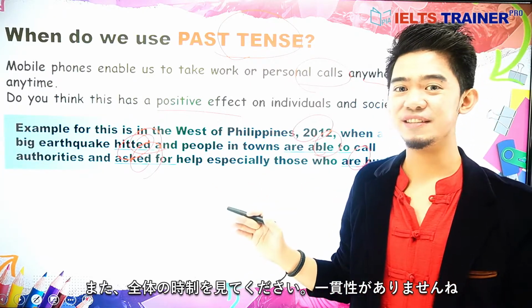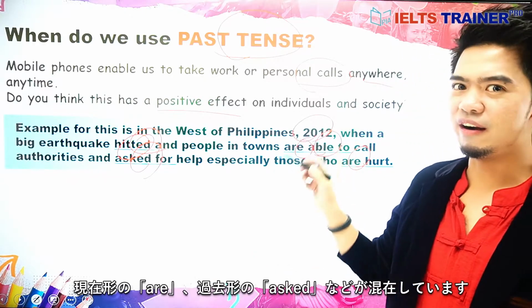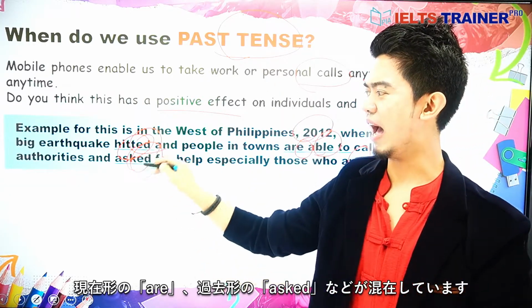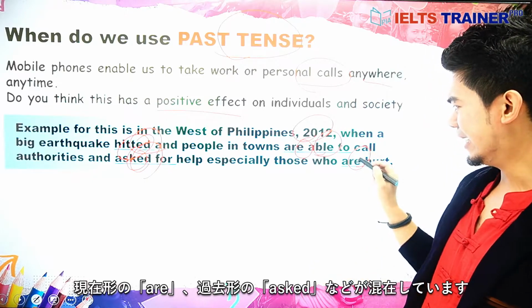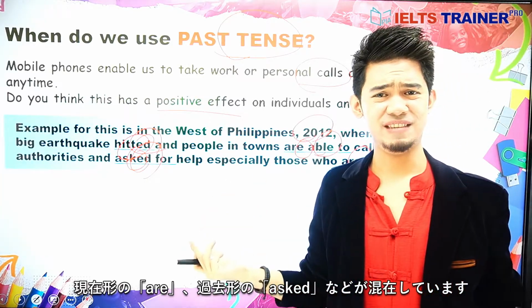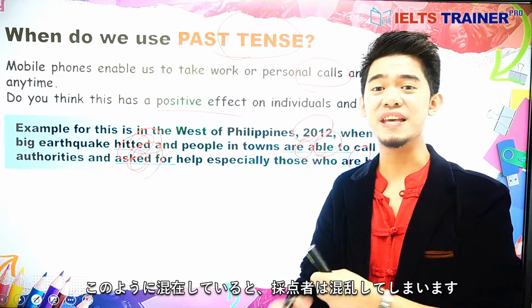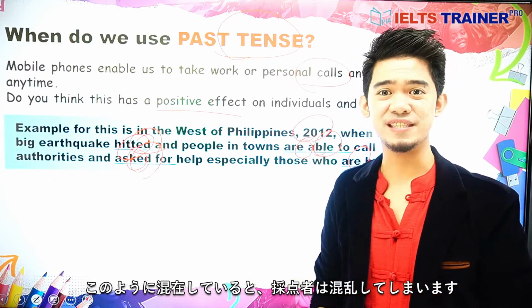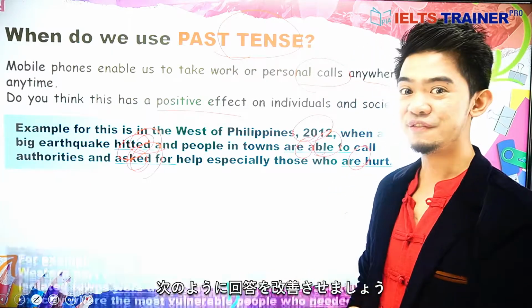It's not consistent. We have here are, which is present. We have ask, which is in the past, and also in the present. So basically, the examiner would be confused about it. Let's improve this one.